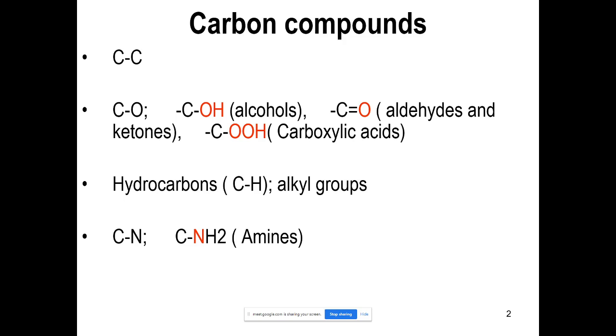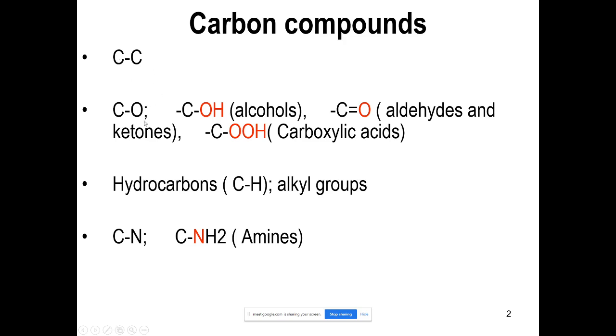When we used to learn organic chemistry, we were taught about the organic compounds. These organic compounds are defined by what we call functional groups. In slide number 2, I've pointed out some of the possibilities of what carbon can form. Carbon can form carbon-carbon bonds.